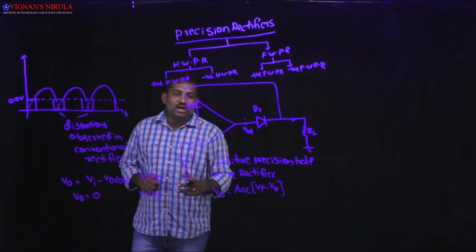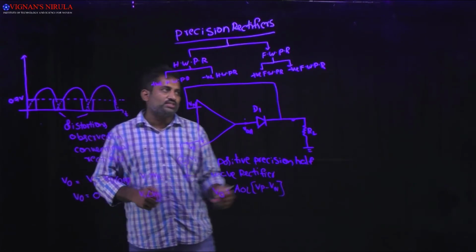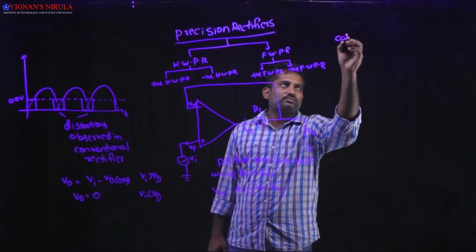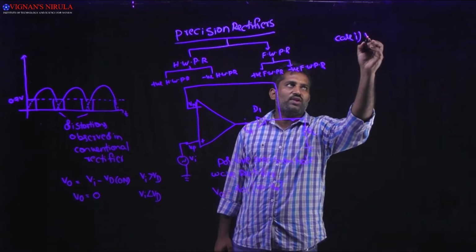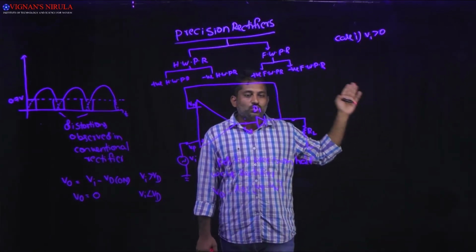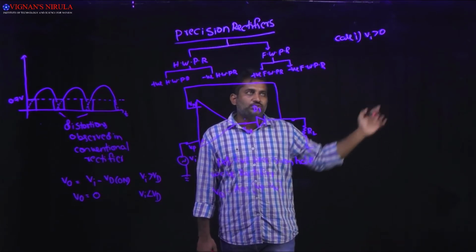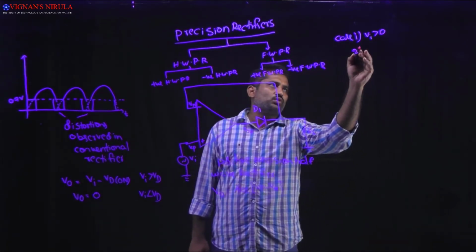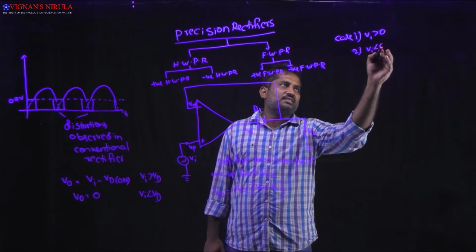In that again I am considering two cases. Case 1 is when VA is greater than 0; we have to observe what is going to happen at the output side. Similarly, case 2 is when VA is less than 0.